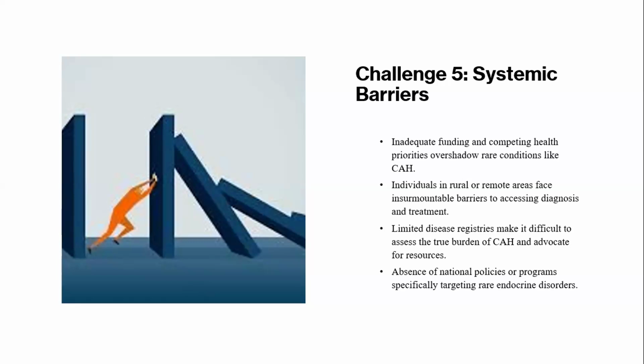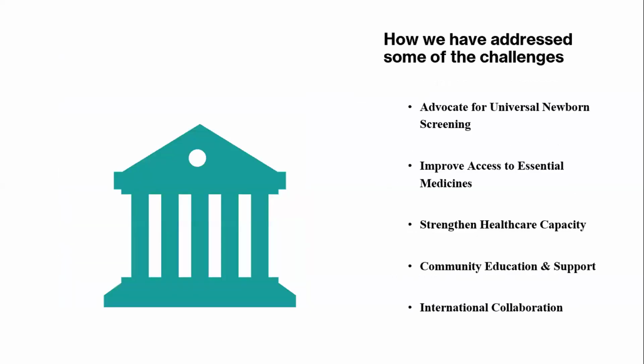And also policy gaps: the absence of national policies or programs specifically targeting rare endocrine disorders. Those are the major challenges that we face as low-income countries, and now how we have addressed some of them.